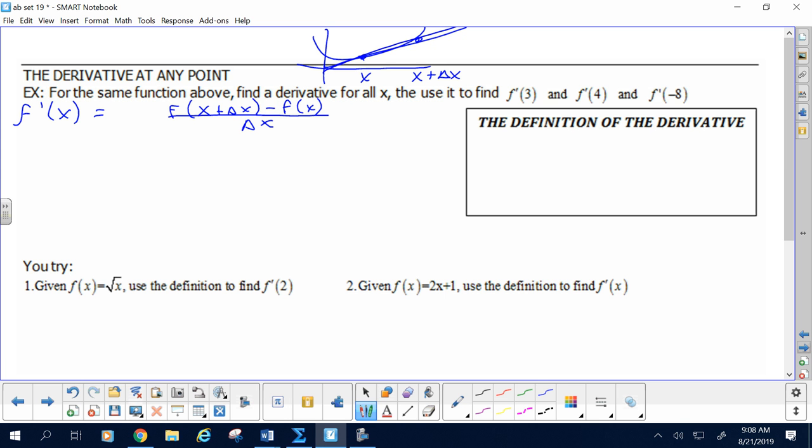That gets the slope between 2 points, the secant slope. And then we get the points closer together by using a limit. The limit takes the gap, which is delta x, down to 0, so the 2 points get closer together, and it approaches the slope at 1 point.